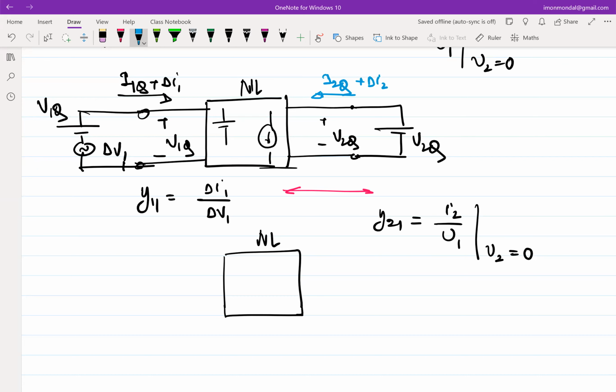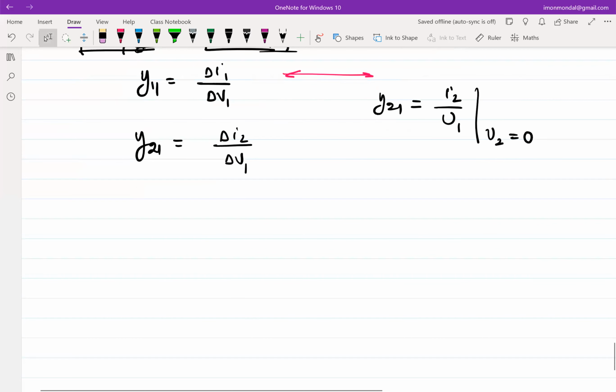And then from the same network, I will be able to find it, and it should be equal to delta I2 by delta V1. Okay. Similarly, walk me through the process of what's going to happen if I want to find out Y22.